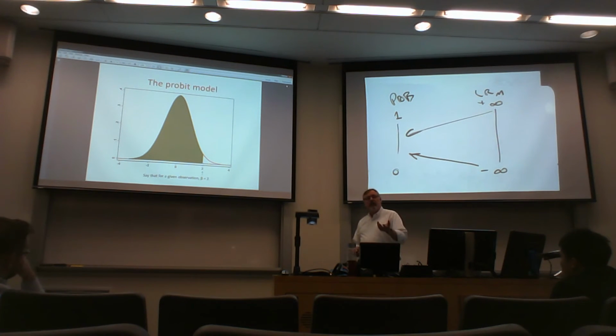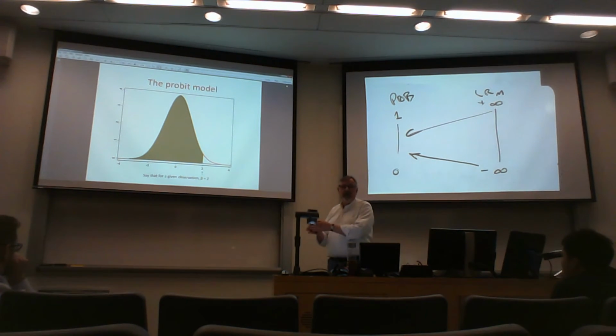If you want to translate a z-score into a probability, you can look it up in a table. I recommend you don't. We have software nowadays. Stata can do it. Google z-score. There'll be a calculator. 100 of them will pop up that will convert z-scores into probabilities.